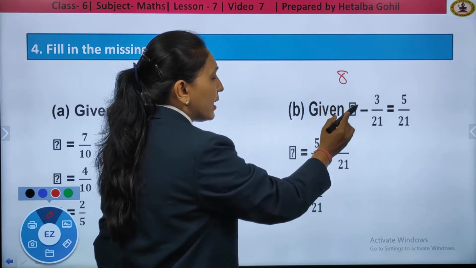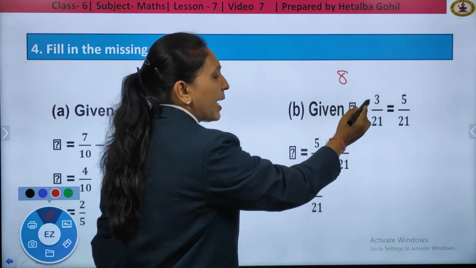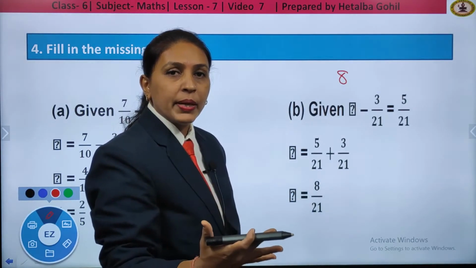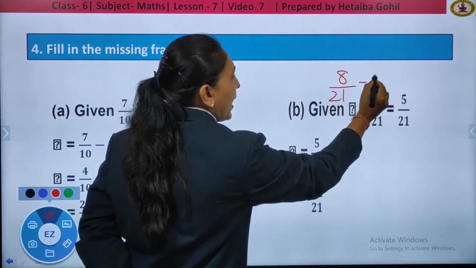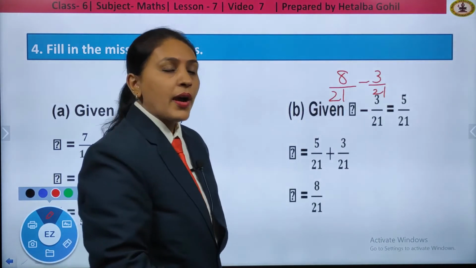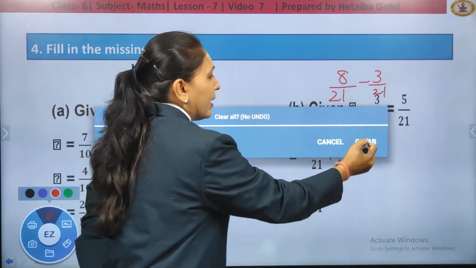So you can see that if I take 8 minus 3, you get 5, right, and obviously we know that denominator we have to keep it same only, right. So if I take 8 by 21 minus 3 by 21. The result I am going to get here is 5 by 21. So, let us go for the next one.